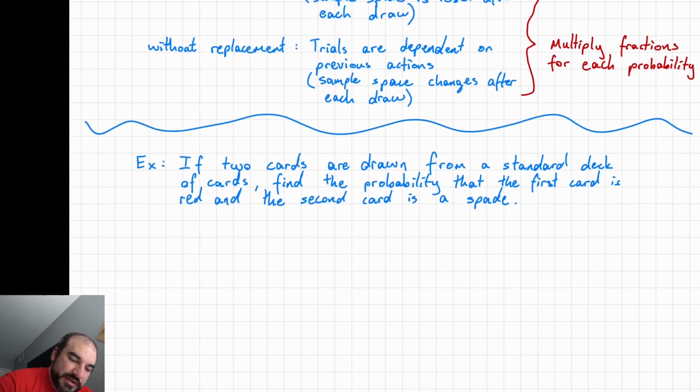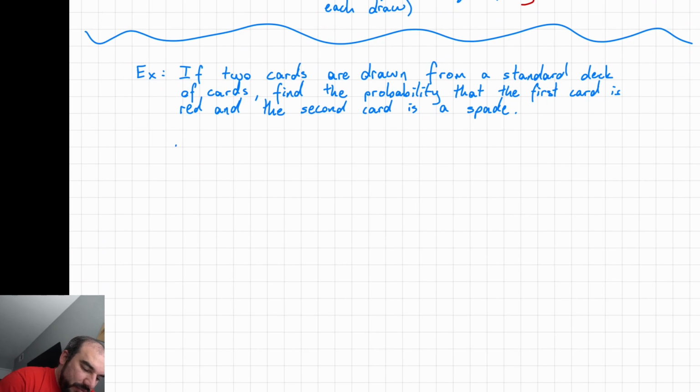And we're going to do this in two parts. Part A is going to be with replacement. And part B is going to be without replacement.